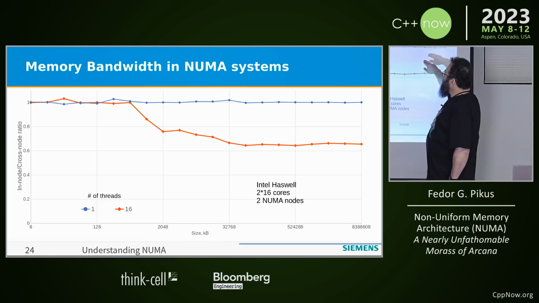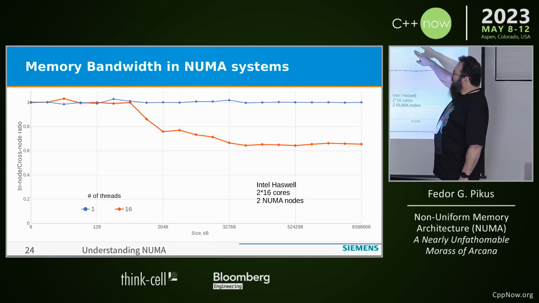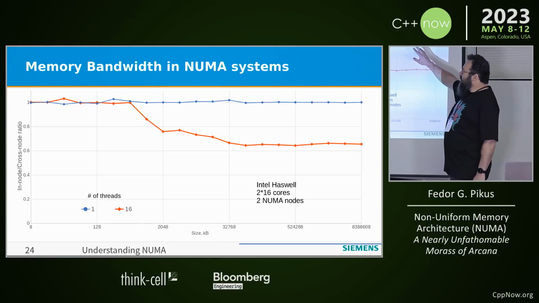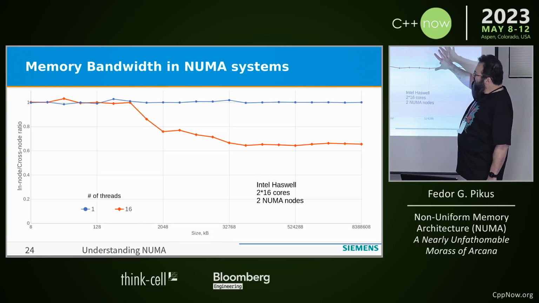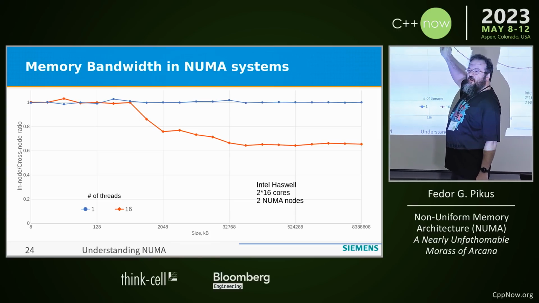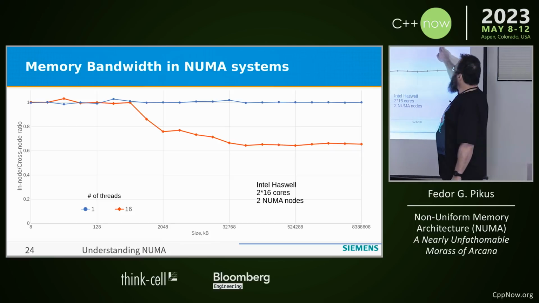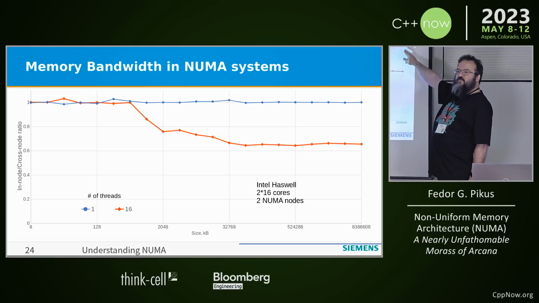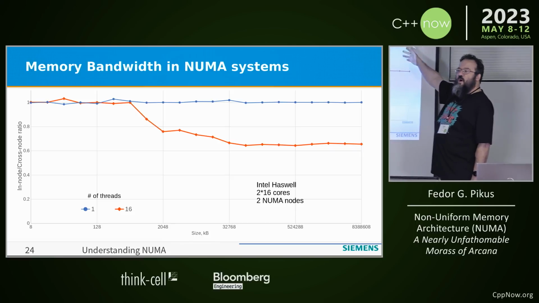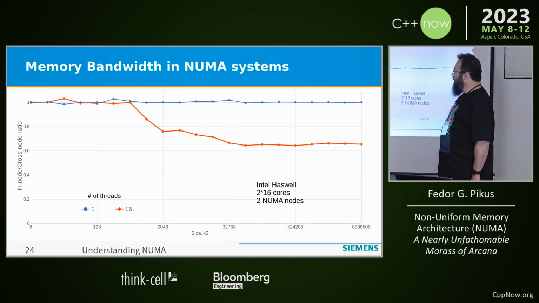Okay, so this is that ratio. In-node to cross-node ratio of bandwidths as a function of size for one thread. Doesn't matter. Same bandwidth in node and cross node.